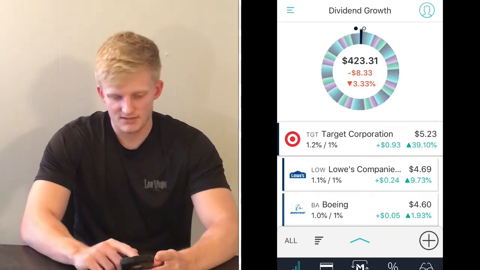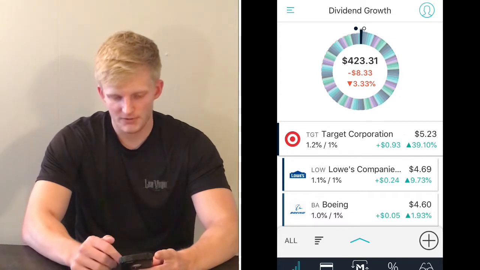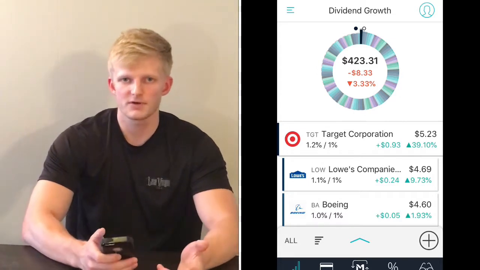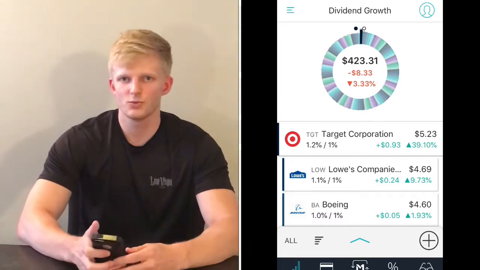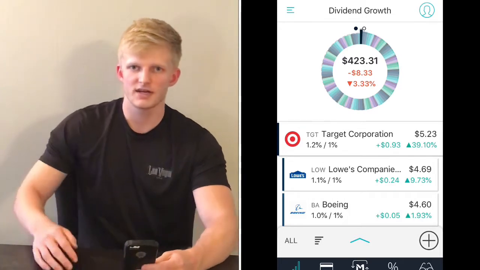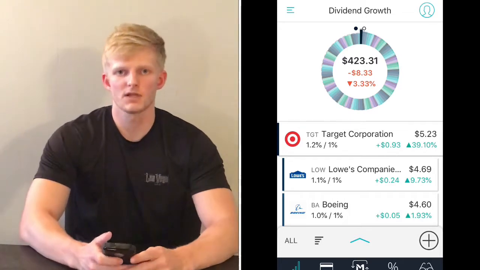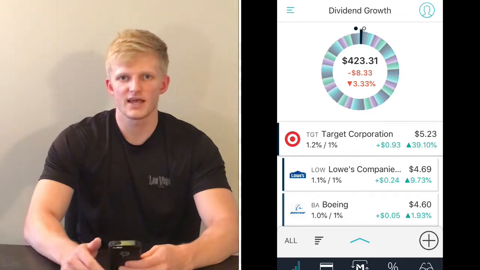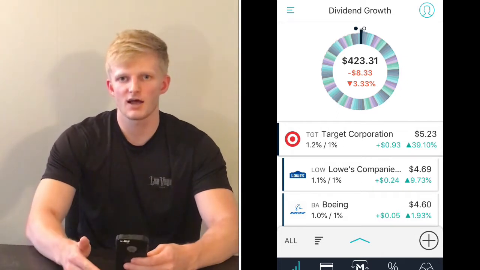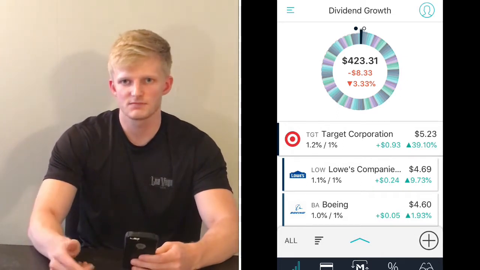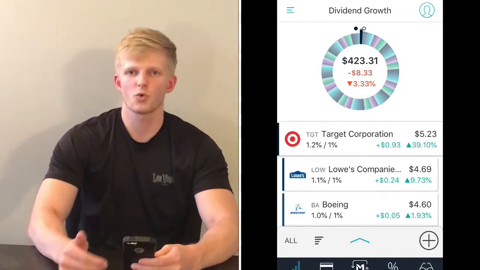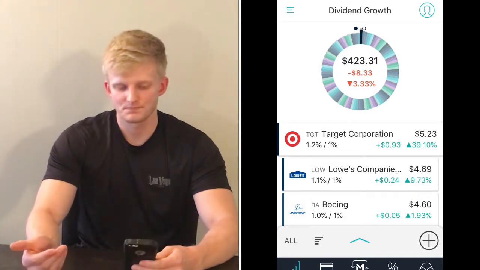You might notice this number on the left, 1.2%, and this number on the right, 1%. With M1 Finance, you pick however many stocks or ETFs you want. Let's say you pick 5, and you say I want each of these stocks or ETFs to represent 20% of my portfolio.